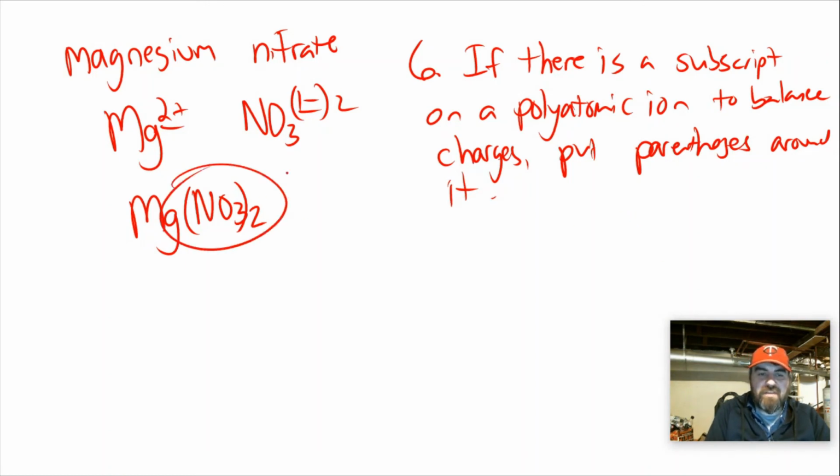Only when there is a subscript on the NO3, or SO4, or OH, or NH4, or CO3, or PO4, any of the ones that we talked about, or the CH3COO, excuse me, then is when you need the parentheses. Okay, you did a good job. Make sure you write this stuff down.